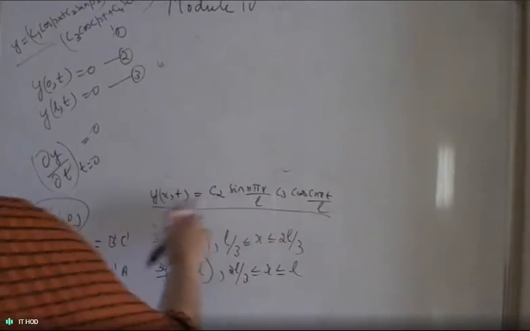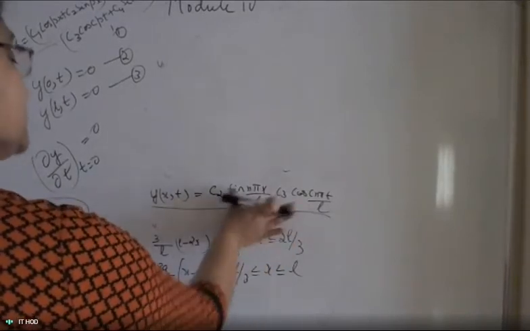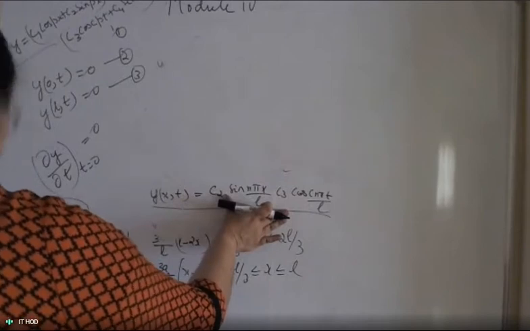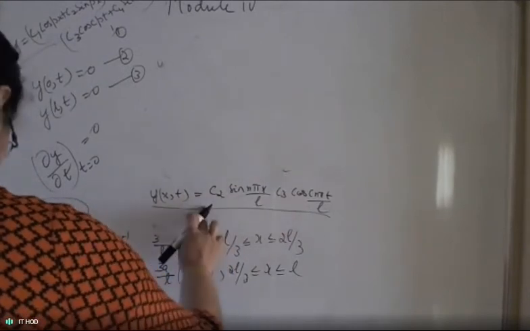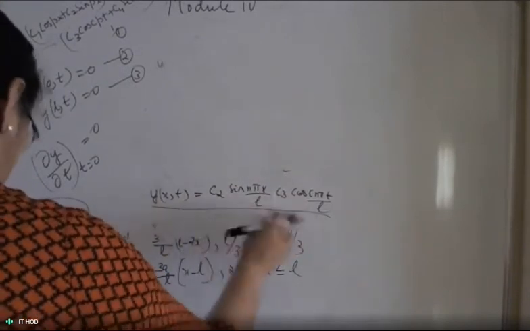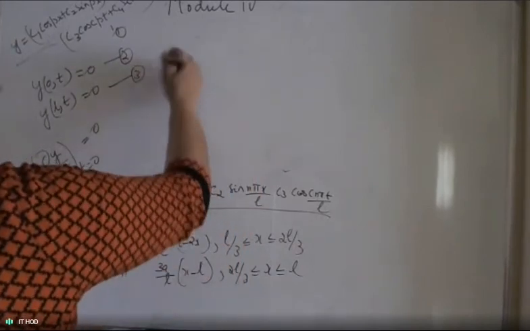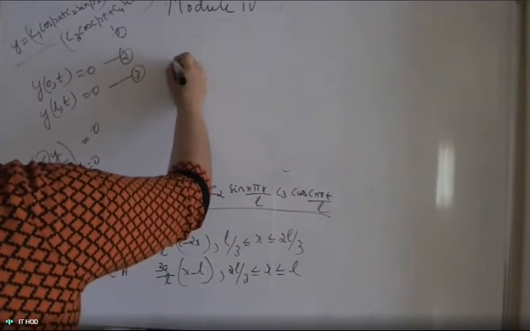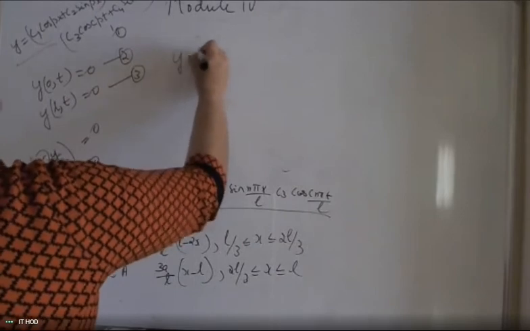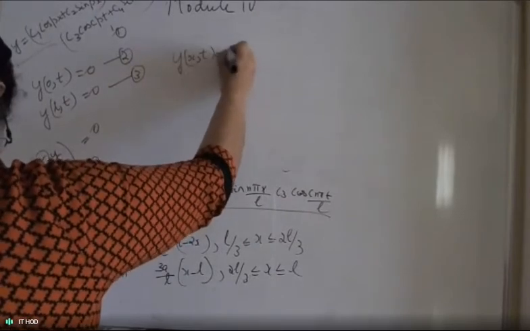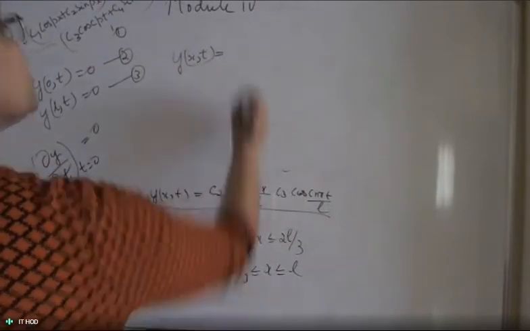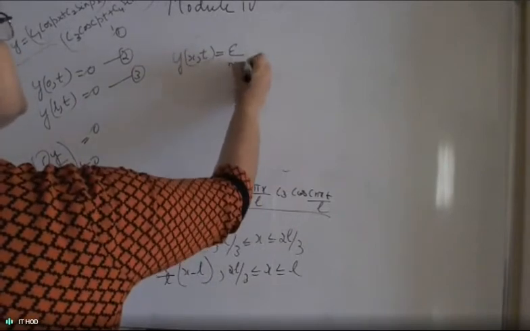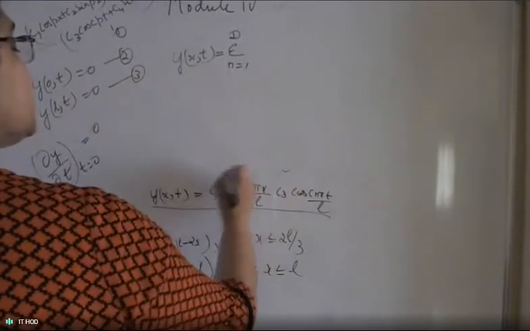After getting this one, I am going to write C2, C3 as Bn. So we can write y(x,t) as, all together, sigma n equal to 1 to infinity, with C2 C3 equal to Bn.